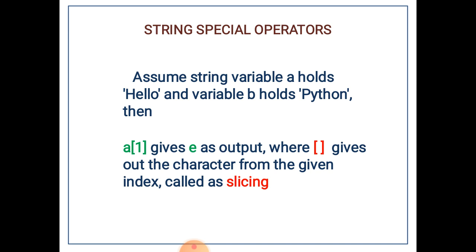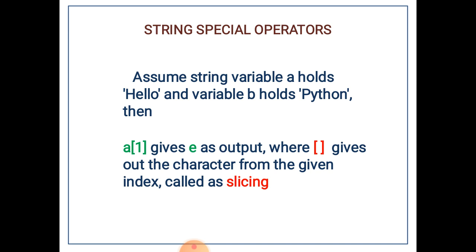The next special operator we are going to learn about is the slicing operator. As we have seen in the previous example, the variable a holds the string hello and variable b holds the string Python.